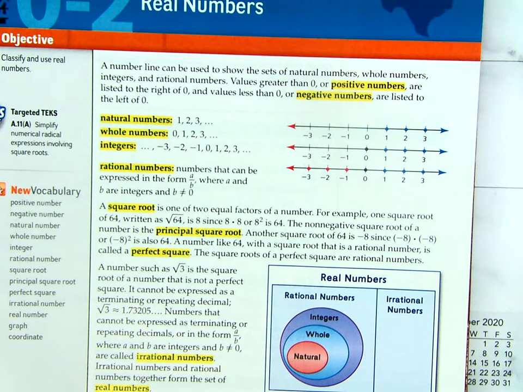Rational numbers. Numbers that can be expressed in the form A over B, or a fraction, where A and B are integers, they can be positive or negative whole numbers. But B cannot equal 0. Can somebody give me an example of a rational number?